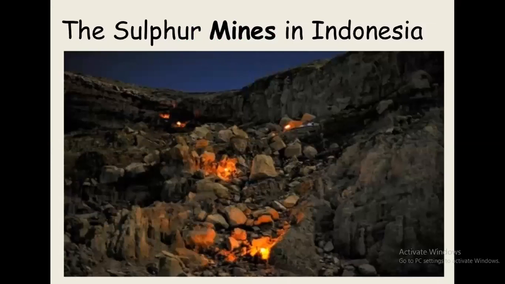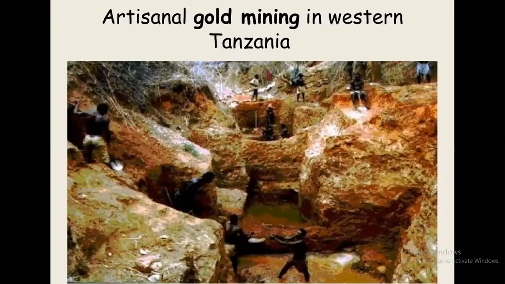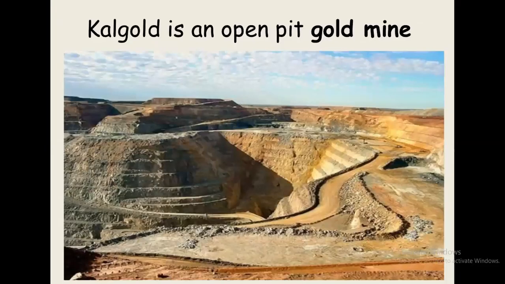The sulfur mines in Indonesia. This is a picture of sulfur mines in Indonesia. Artisanal gold mining in western Tanzania. This is where they are extracting gold. Calgold is an open pit gold mine.